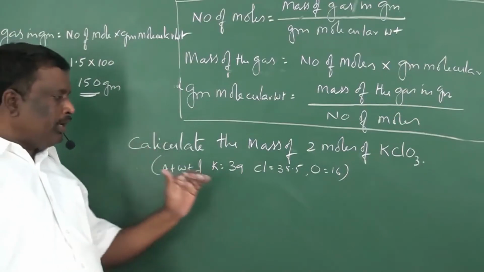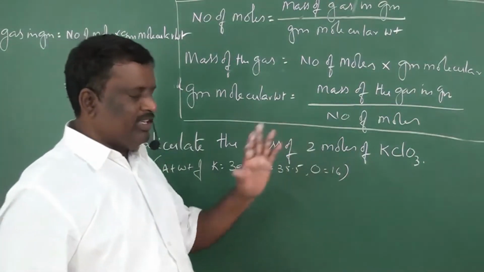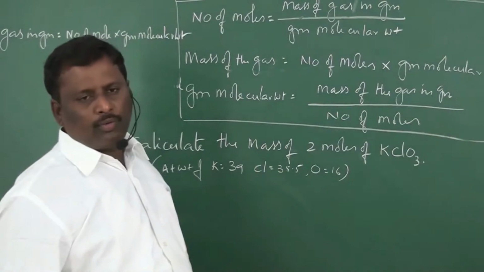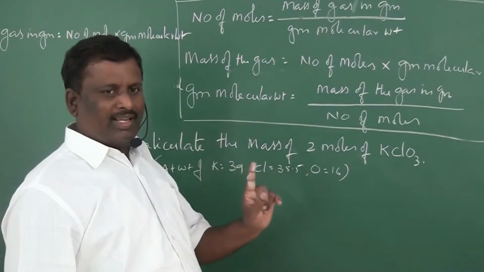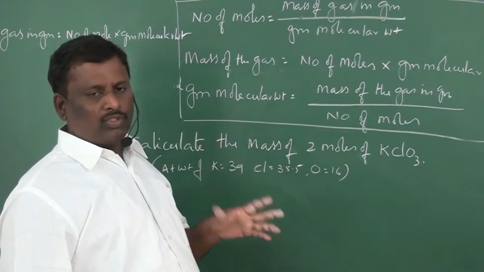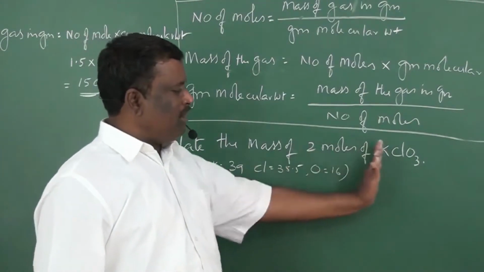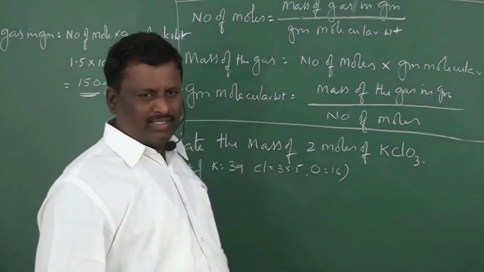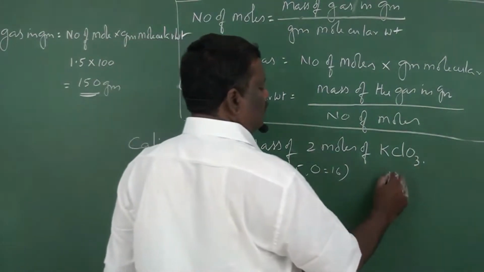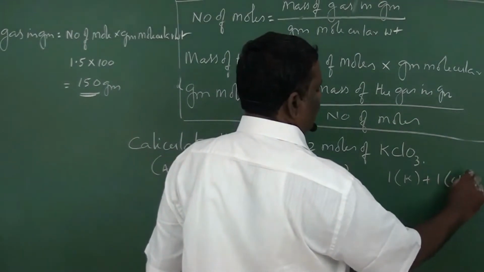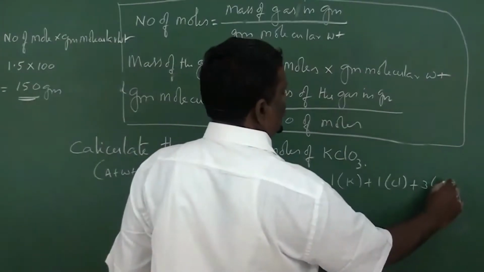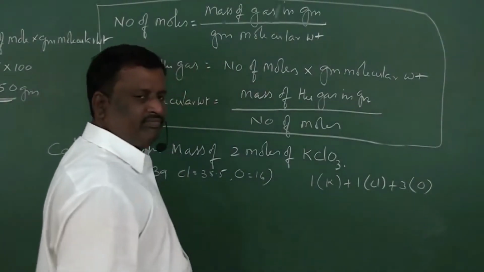So the molecular weight of KClO3. Here in the KClO3 molecule, you have 1 potassium atom, 1 Cl atom, and 3 oxygen atoms. So this molecular weight is the sum of all the atoms present in it. That is 1 into atomic weight of potassium plus 1 into atomic weight of chlorine plus 3 into atomic weight of oxygen.